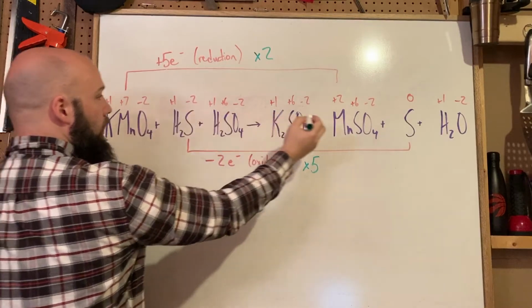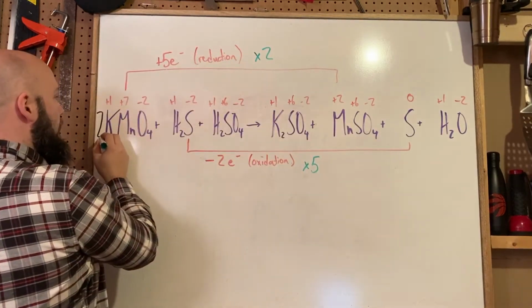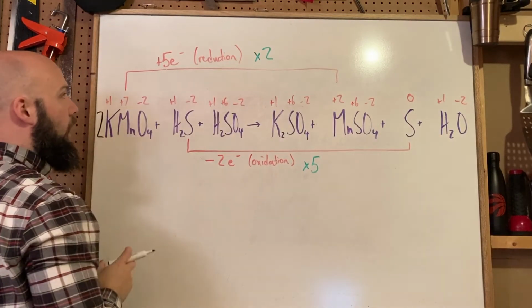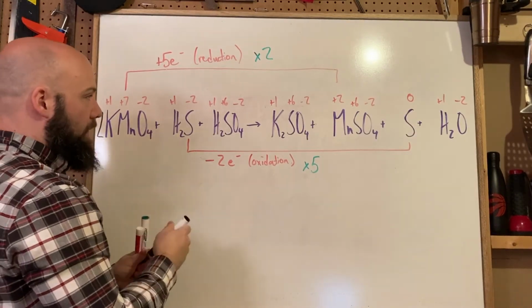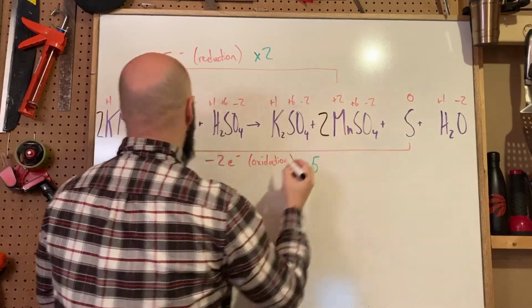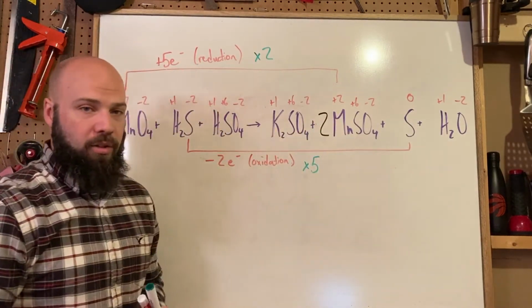Here, the 2 will appear in front of the coefficient that we already wrote in for inspection, and will also have to appear here so that our manganese is also balanced.